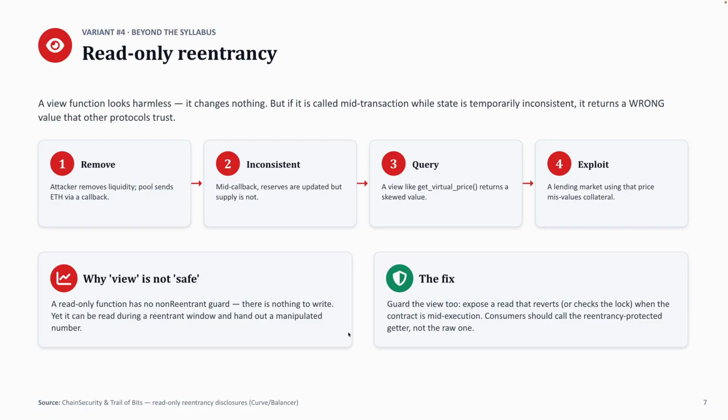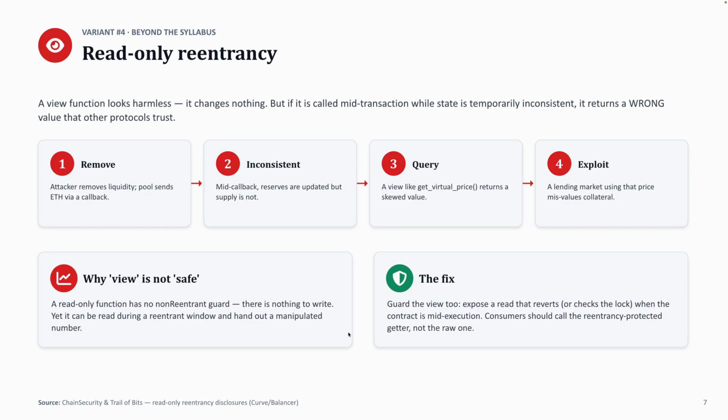So what is the fix for it? You must guard the view function too. That is, expose a read that reverts when the contract is mid-execution. If you have a balance of function, which is a view function, then mid-execution you must not call balance of.